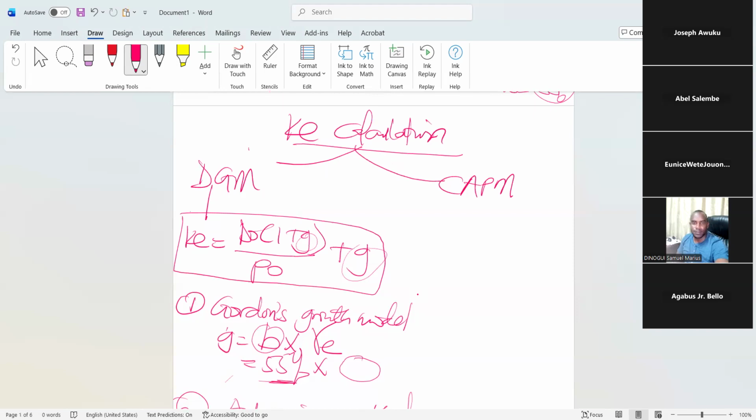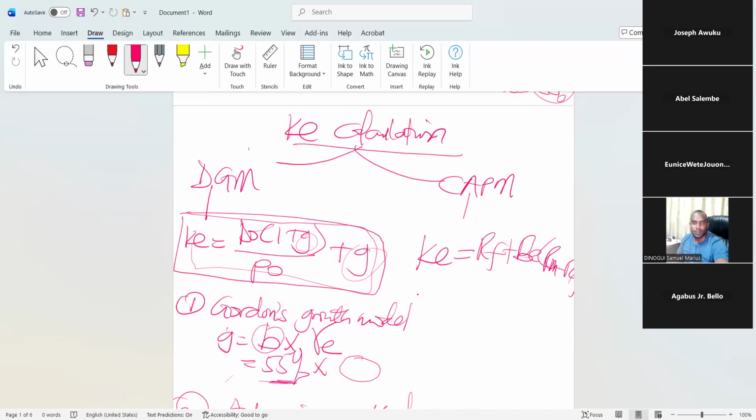So I'm done with this formula here. Now let's come to how we calculate KE using the capital asset pricing model. That is where you see risk-free rate, equity beta, return on the market minus risk-free. Anytime you see risk-free, the examiner is talking about CAPM, and that's what he likes mostly.